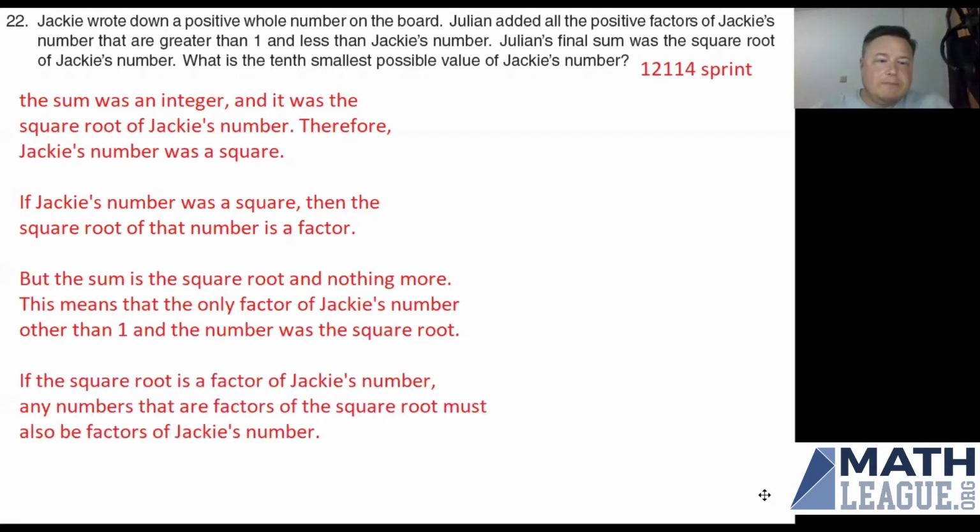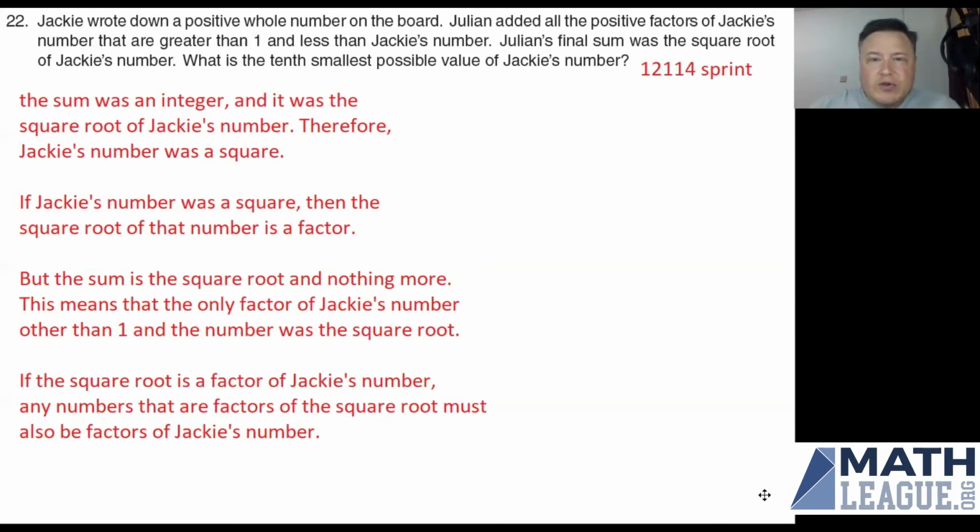What does that tell us? First off, think about this, right? If I have the square root of a number being a factor of the number, which of course it's going to be if it's an integer, then any number that's a factor of the square root also has to be, right? Like if A goes into B and B goes into C, then A goes into C. That's what we're using here, right? So anything that's a factor of the square root is also going to be a factor of the original number.